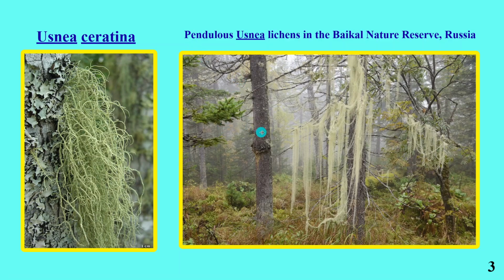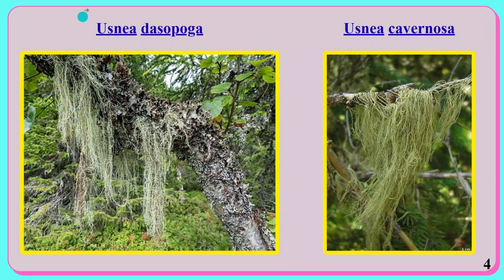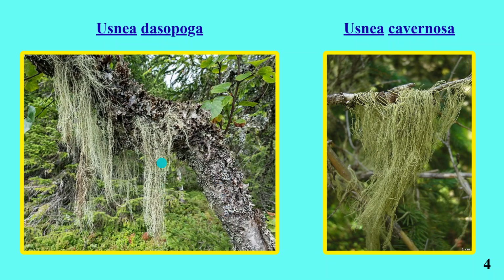And here in this image, taken in Baikal Nature Reserve, Russia, pendulous Usnea lichens are seen in the dense forest or the jungle. In here, Usnea dasypaga, here also in the deep jungle you can see there is pendulous hanging Usnea thalli.